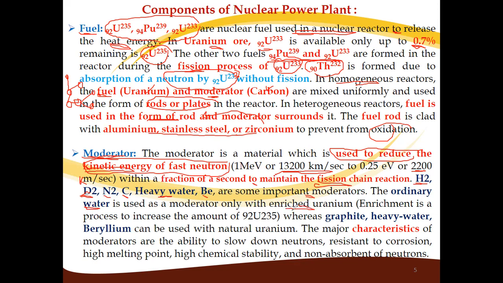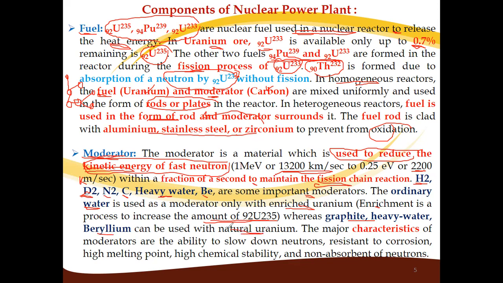So what is meant by enriched uranium? Enrichment is a process which increases the amount of uranium 92-235. Whereas graphite, heavy water and beryllium can be used with natural uranium.